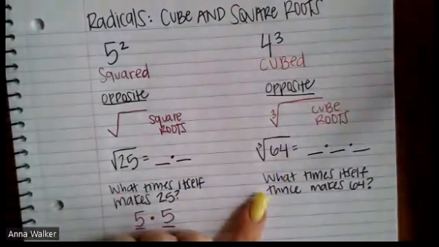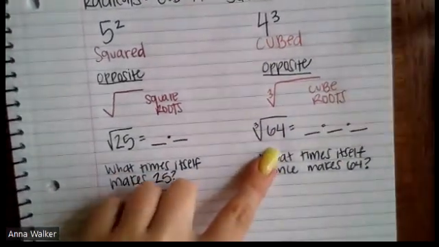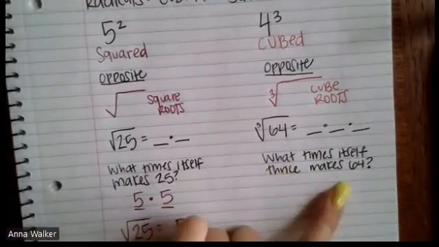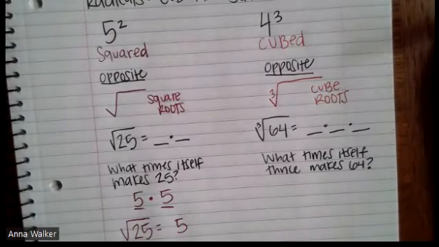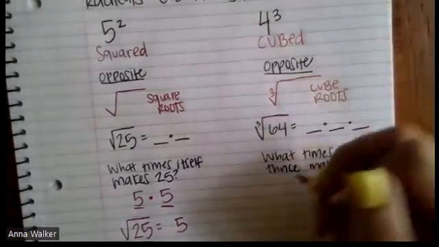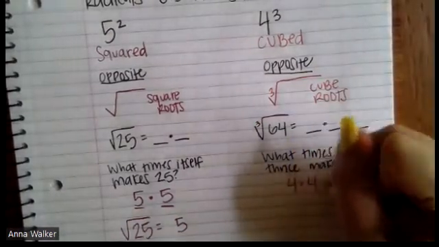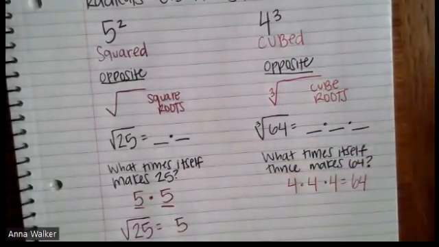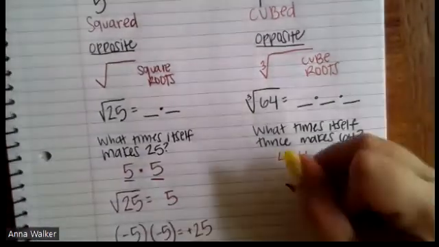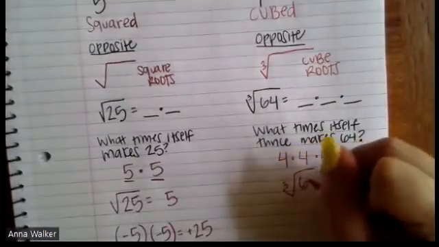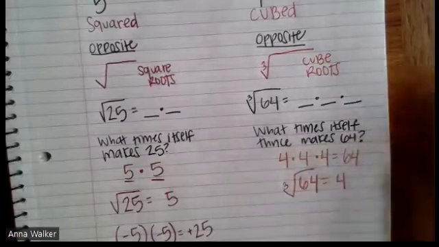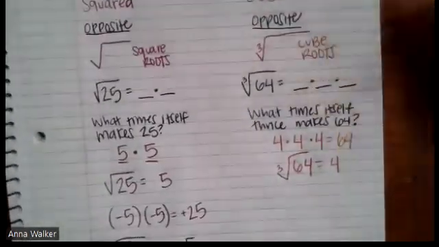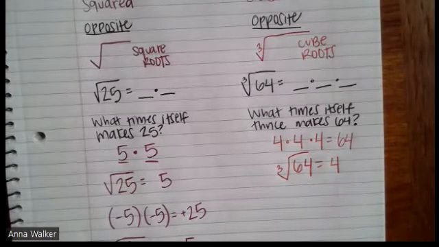And what a cubed root is asking us, let's say let's find the cube root of 64, is what times itself thrice, or 3 times, makes 64. And in 64's case, if we take 4 times 4 times 4, that is equivalent to 64. So we would say the cubed root of 64 is equal to 4, because 4 cubed is equal to 64. Okay.